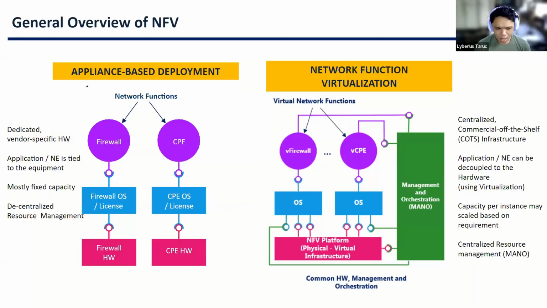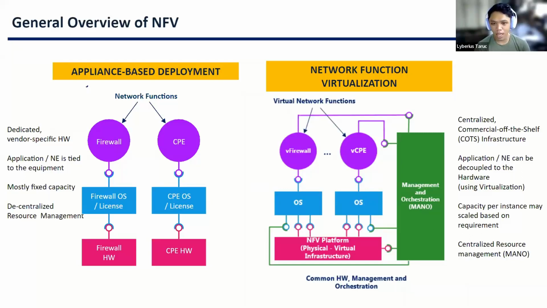The reason why it's called appliance-based is primarily how the function is connected into our network. In other words, the network elements themselves are normally associated with specific hardware. Most of the time, it's vendor proprietary. It would come with its own operating system or software, with again its own licenses.